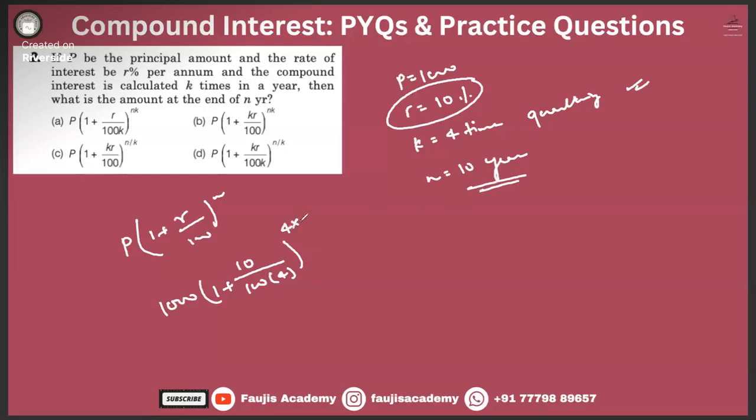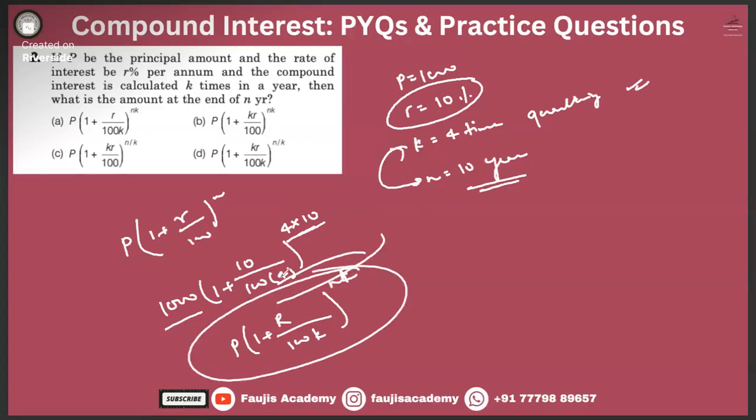That means 4 into 10 quarters. So 1000 was P, into 1 plus this 10 was R divided by 100, and this 4 was K. How did we reach 40? By multiplying these two, n into K. So the correct answer option is A.